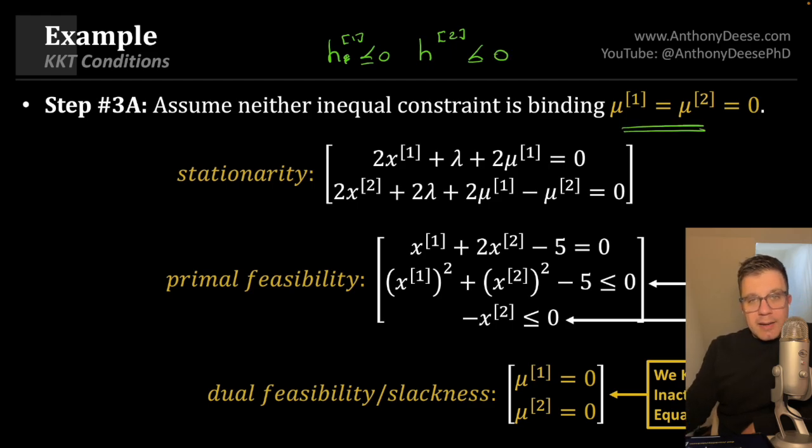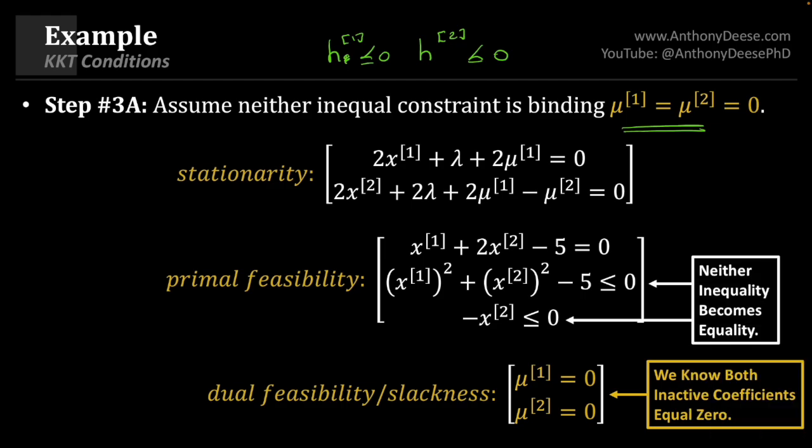And in order to maintain complementary slackness, mu1 must be equal to mu2 must be equal to 0. For this case, most of the assumptions are included in the dual feasibility or complementary slackness category at the bottom. We know that both those inactive coefficients will be equal to 0, and we're not going to make any changes to H1 or H2. Those will both remain inequality constraints.